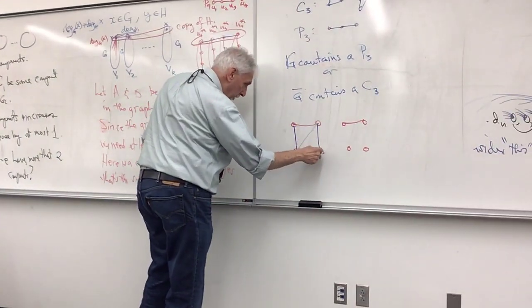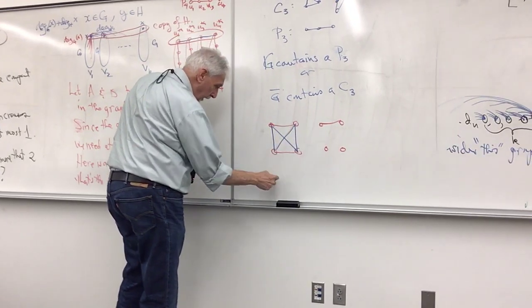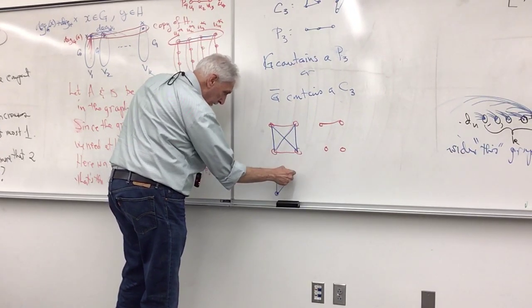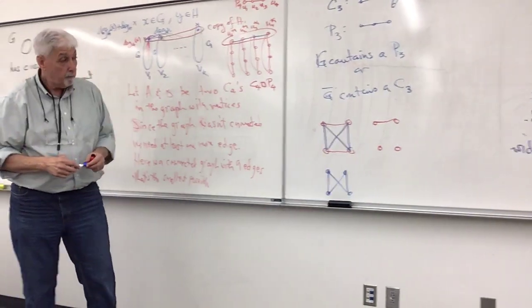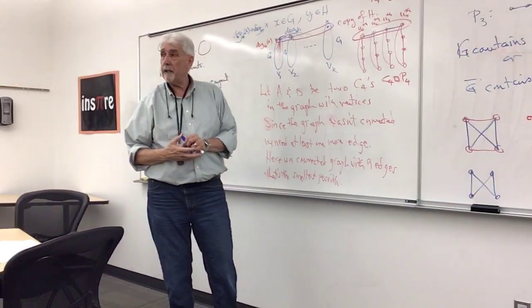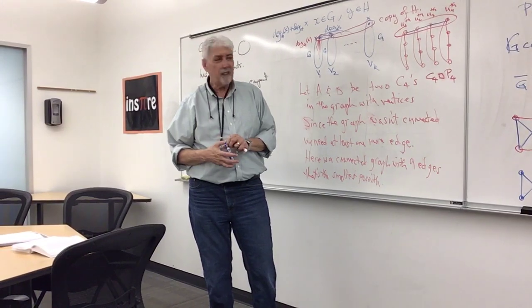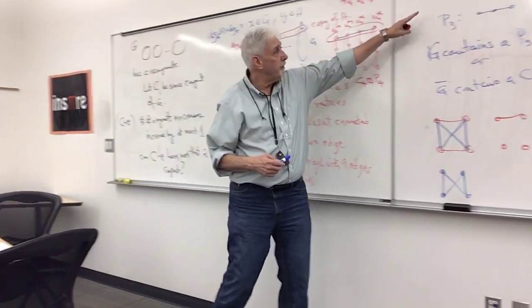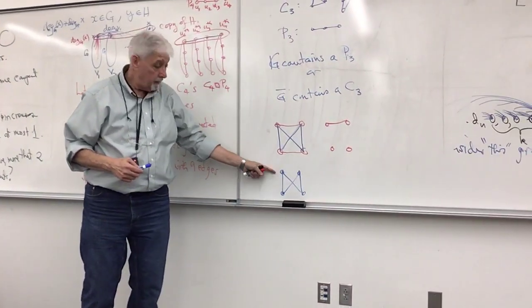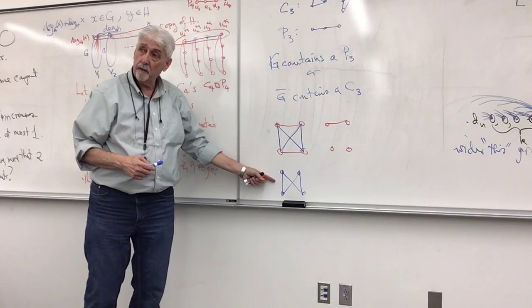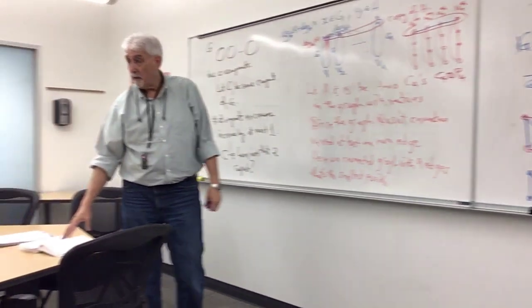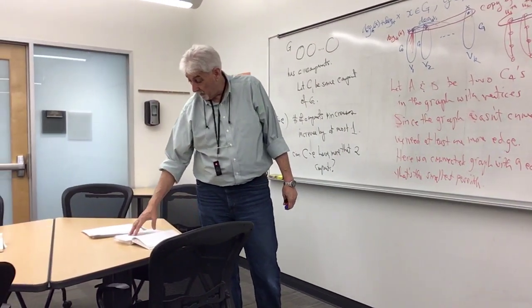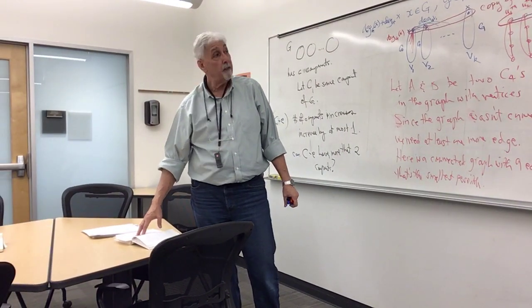I'll draw it in blue, and I'll bring it over here. Does that contain a C3? What is a C3? Oh, I drew it. Does that contain a K3? Complete graph on 3. So 4 is not enough. Okay, so that's the second part of this. Does the result hold for n equal to 4? No.